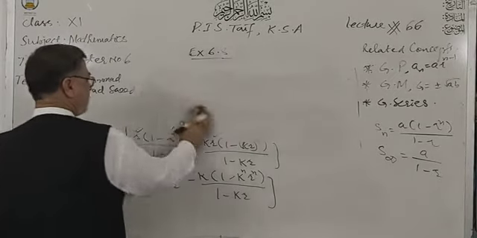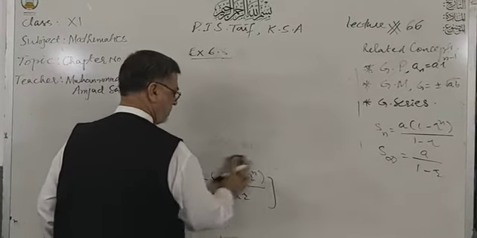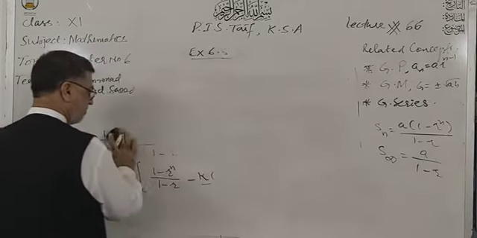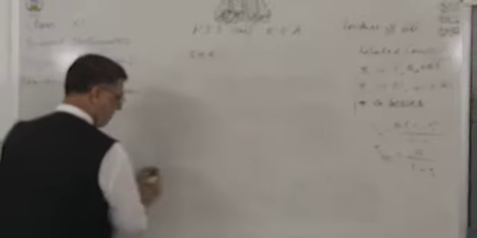For the sum of a finite geometric series, the formula is Sn is equal to a into 1 minus r to the n over 1 minus r. According to your video syllabus, we have question number 4 and this is exactly the same one.